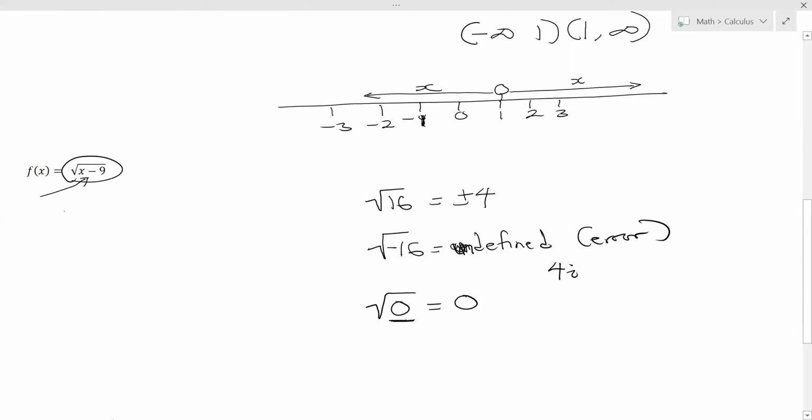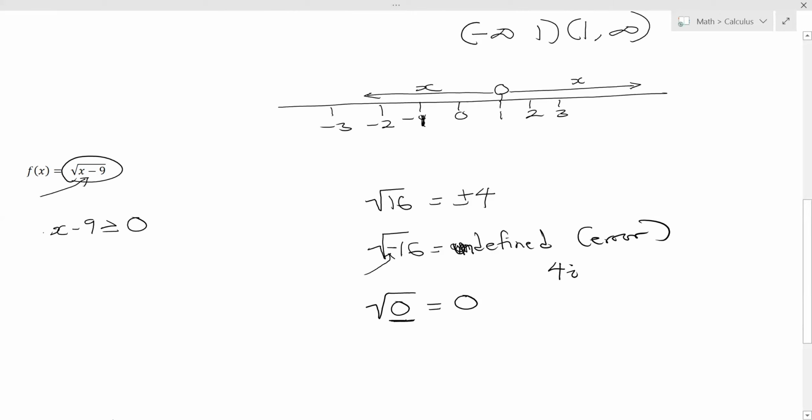So it means that x minus 9 should be greater than or equal to 0, because if whatever is here is less than 0, we're going to have a negative number, and finding the square root of a negative number will give us an error. It will be undefined unless we're using imaginary numbers.